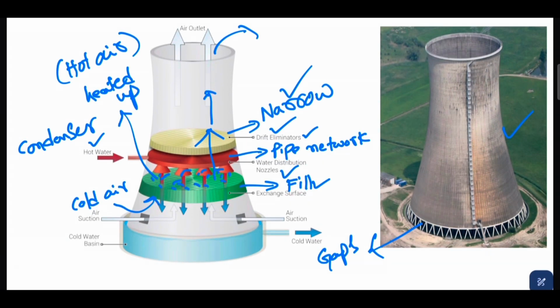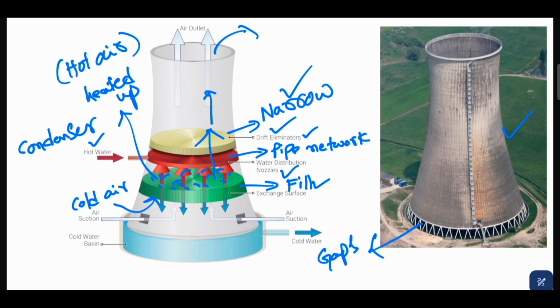And here we have a drift eliminator. The main function of this drift eliminator is, if we have any traces of water particles present in this hot air, it prevents the escape of these water particles, so that we can save water.